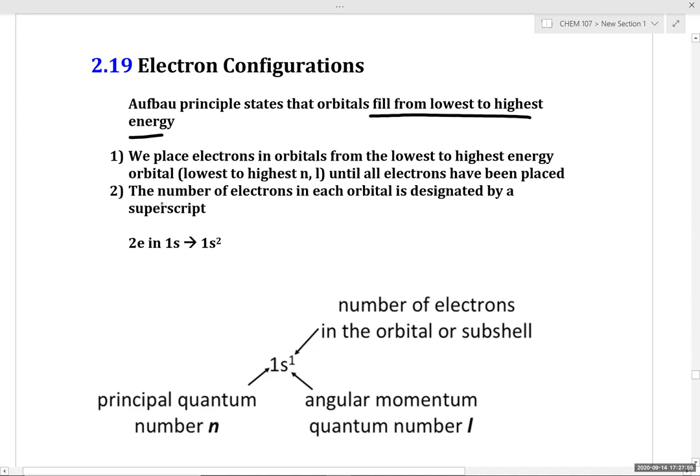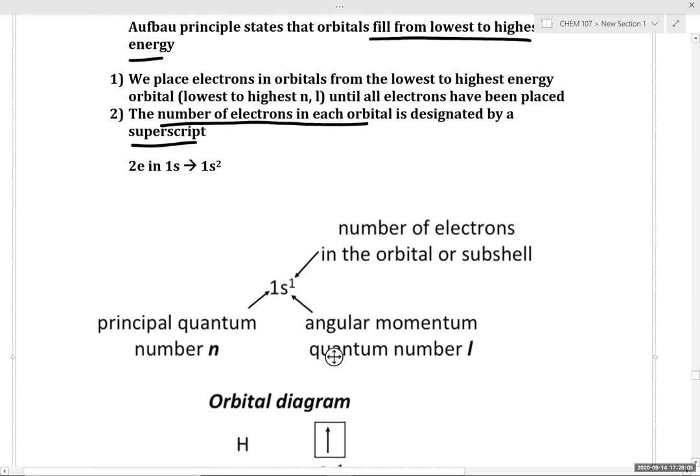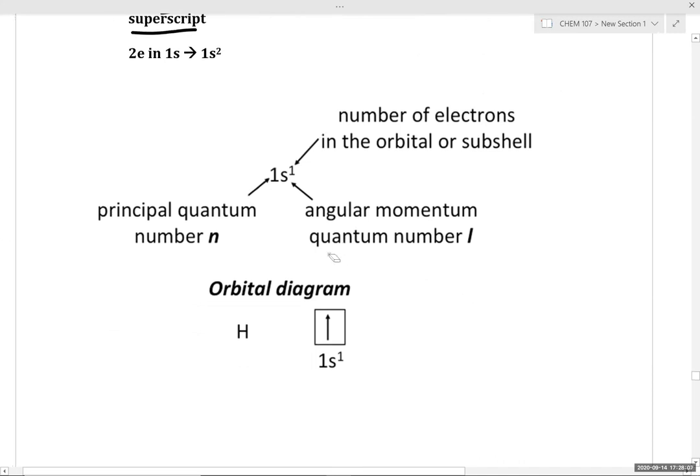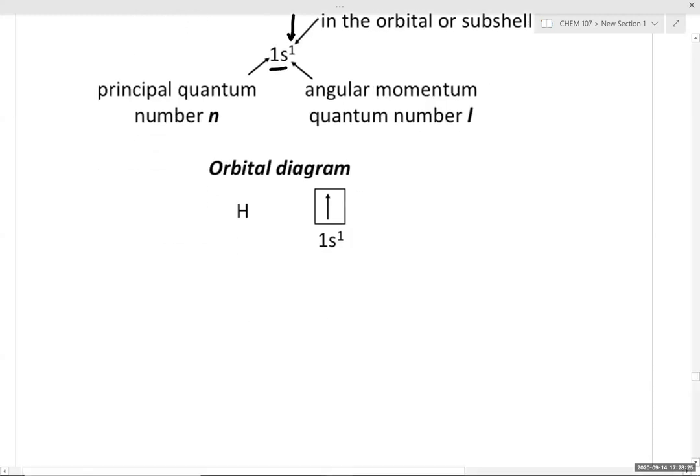We denote the number of electrons in each orbital with a superscript. So for example, for hydrogen, we'd have our 1s orbital with 1 electron. So in our electron configuration, we'd note that we have a 1s orbital with 1 electron. Okay? We're familiar with this idea from our earlier examples on electron configurations.